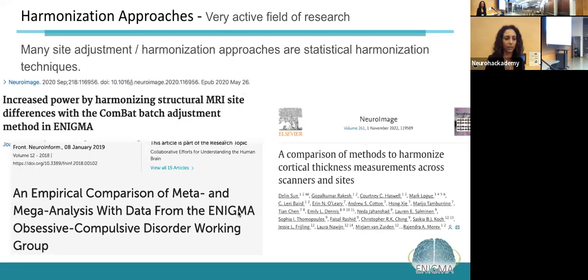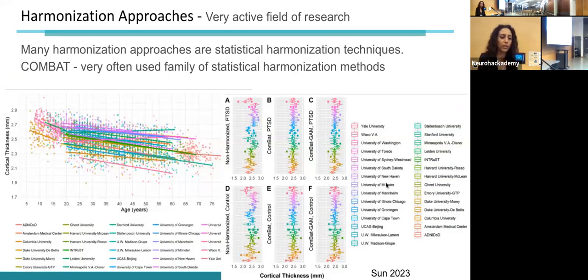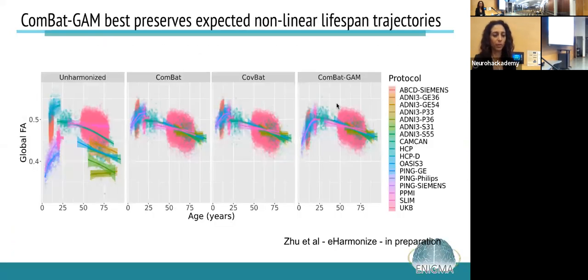Sorry, I think I skipped one, but so we looked at harmonization using ComBat, not using ComBat, and we saw ComBat-GAM, the generalized additive model, showed somewhat of an improvement over the others. This was also the case for global fractional anisotropy from DTI. The ComBat-GAM seemed to preserve the curves of the lifespan a little bit better.